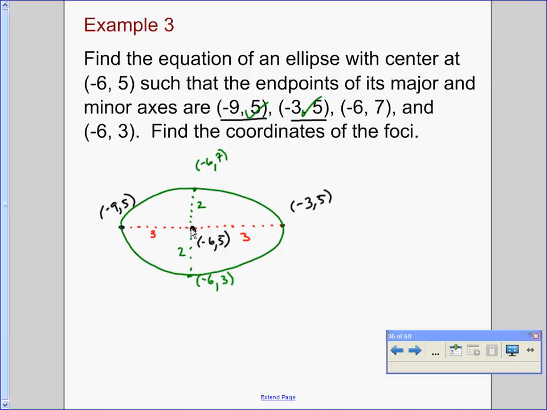So our ellipse is going to look something like this. And we need the equation of this ellipse. Since we have (-6, 5) as our center, we should be able to set up the main part of that. So we've got (x minus the -6, which gives me plus 6) squared, plus (y minus 5) squared over something squared, equal to 1.